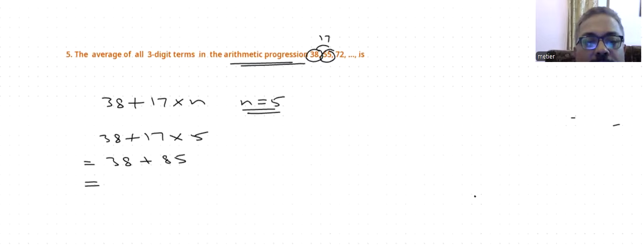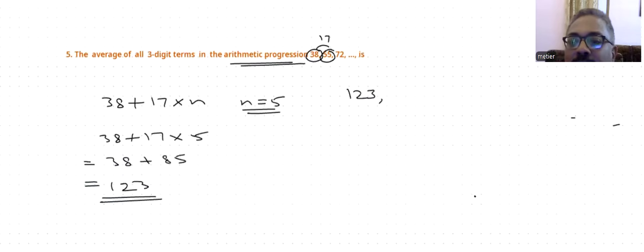It is coming as 123. So 123 is the first 3-digit number under this condition. What will be the last 3-digit number? The series will be going in this way: 123 plus 17 plus 17, and it should be less than or equal to 999.